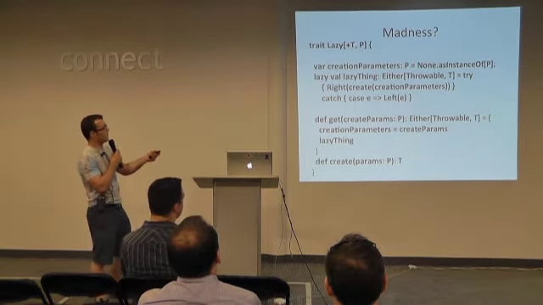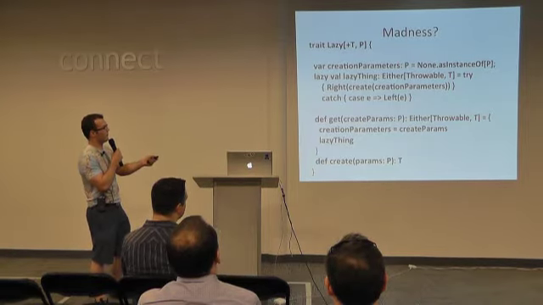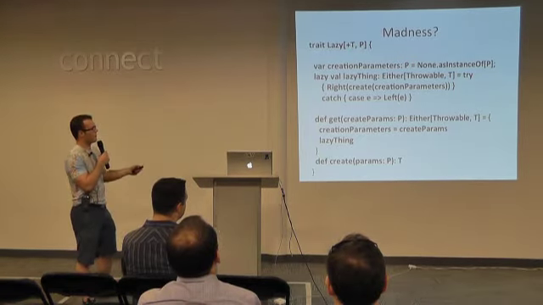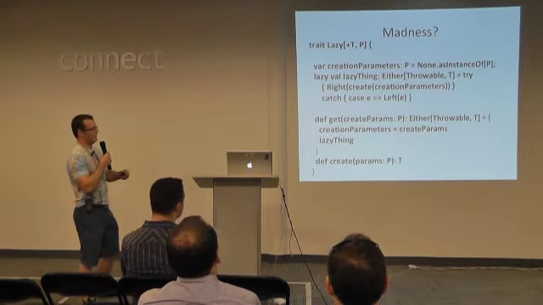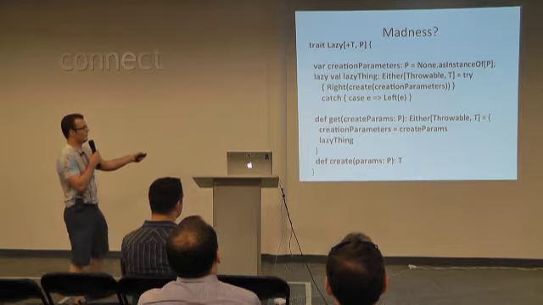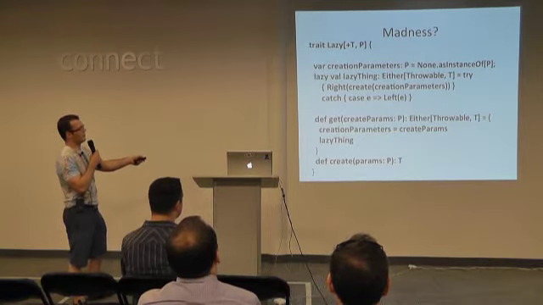So you can see here, this is some crazy Scala stuff. I needed to make this covariant to get the implicits to work. I had to make P a tuple to get random parameters into this code. I use lazy vals here to capture the fact that the thing is created once.